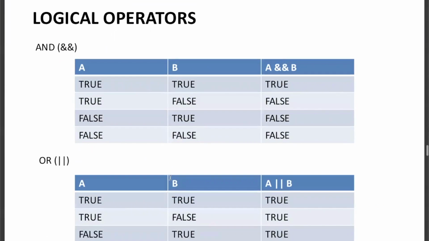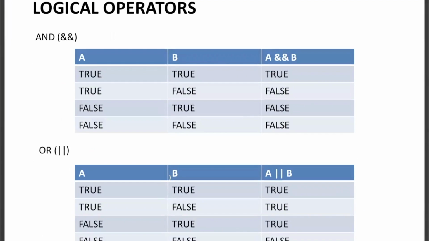So this is a pretty standard set of logical operators. You should have seen this in high school or junior high school. These logical operators in C, C++, Python, and some of the other languages we use: for AND, we use double ampersand, and for OR, we use double pipes.